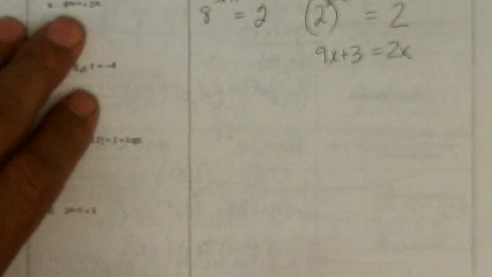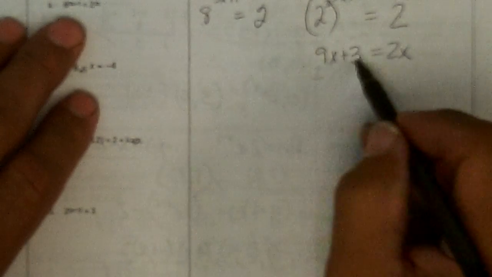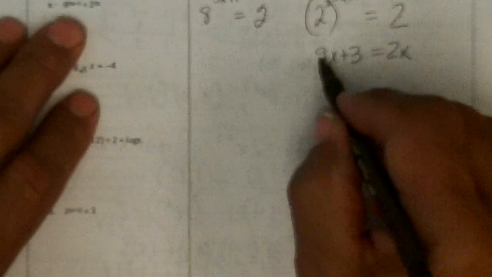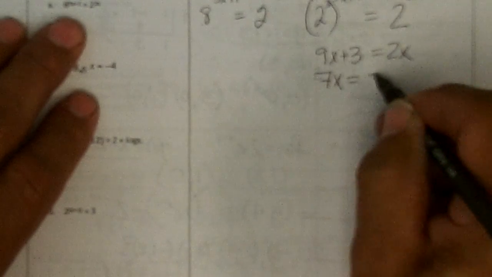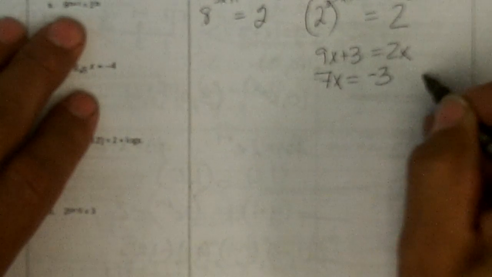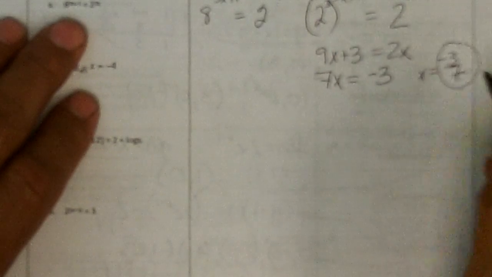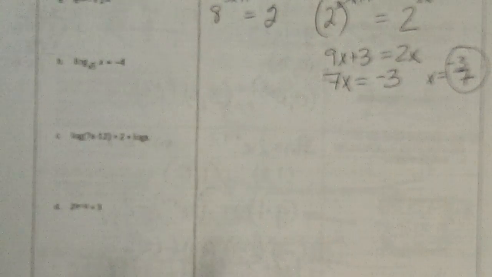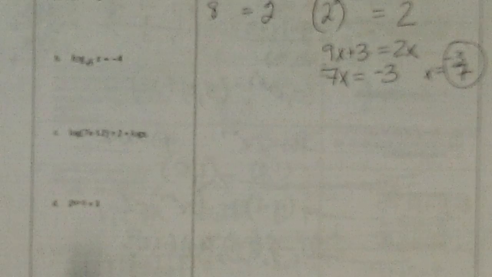So the powers have to be the same if the bases are the same. See, this would be 2 to this power equals 2 to that power. So those powers have to be the same. So I can subtract 2x, and I'll get 7x, subtract 3, and get minus 3, divide by 7, and x equals negative 3/7. And you can go ahead and put that in for the x's into this original equation and figure out what this side is and what that side is, and you'll come out equal.